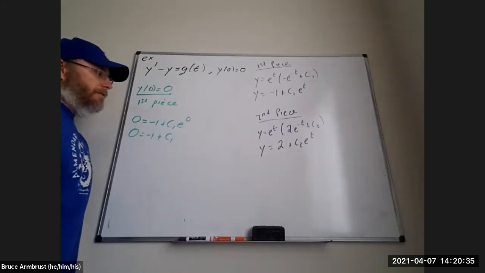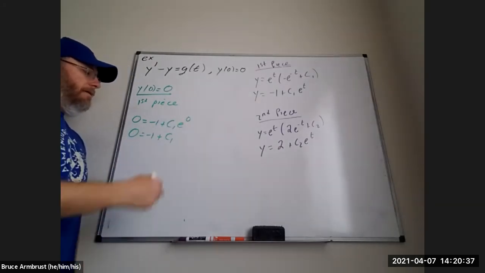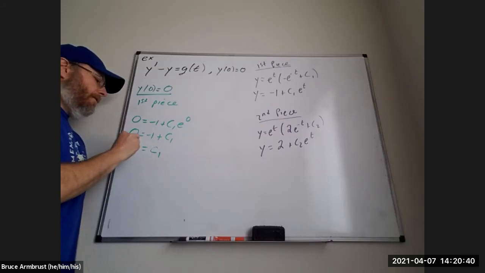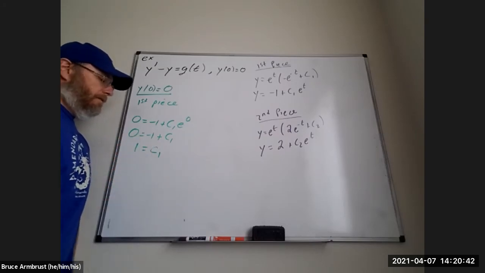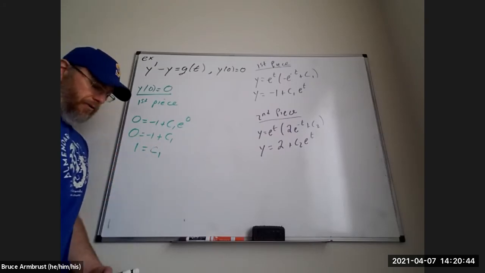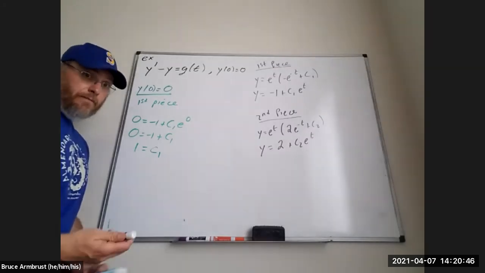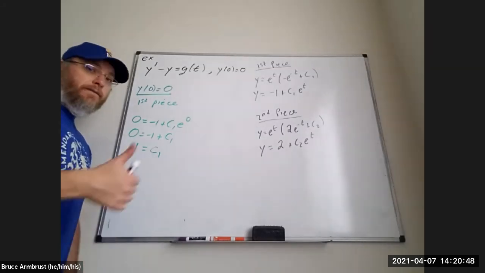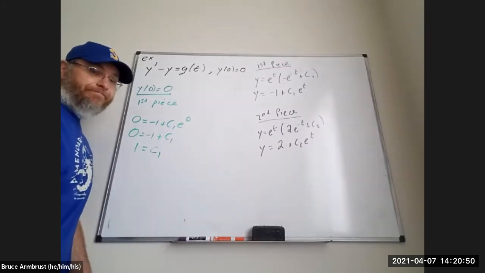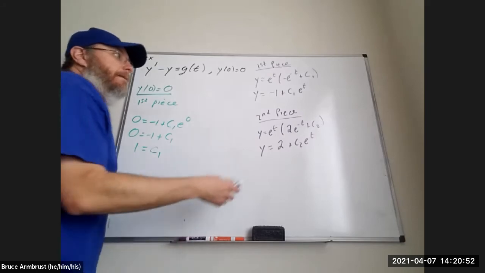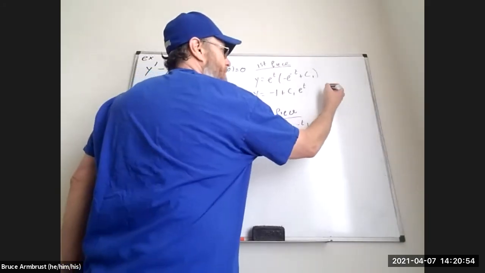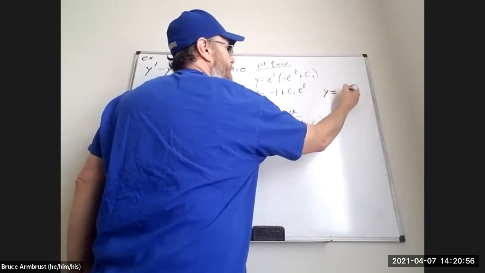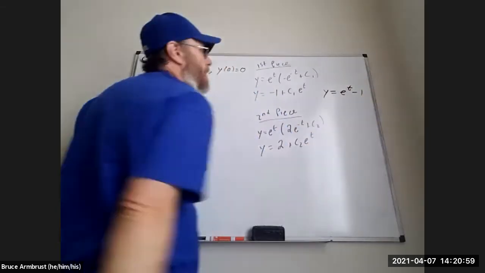So e to the 0, of course, is 1. And this lets us solve for C1. So C1 is equal to 1. All right, cool. We got a C, which is what we expected, right? So we know that this first part is going to look like y equals e to the t minus 1.